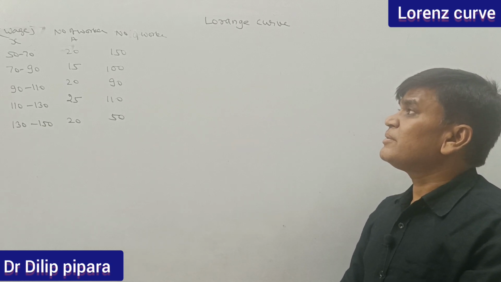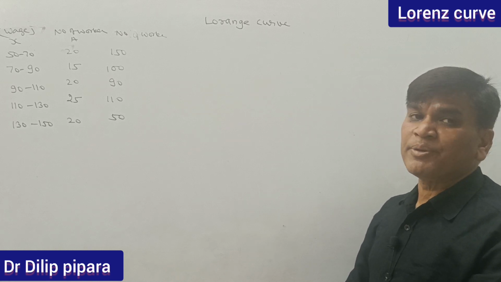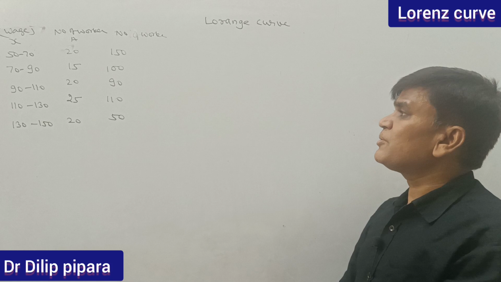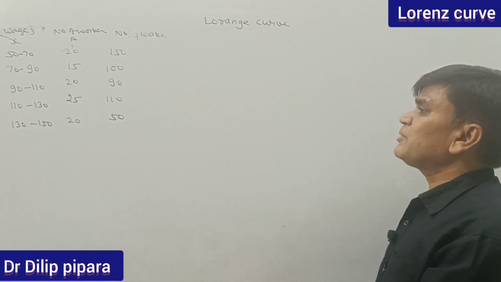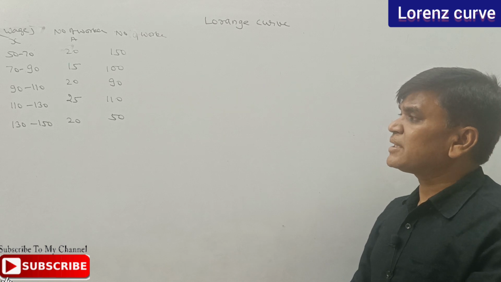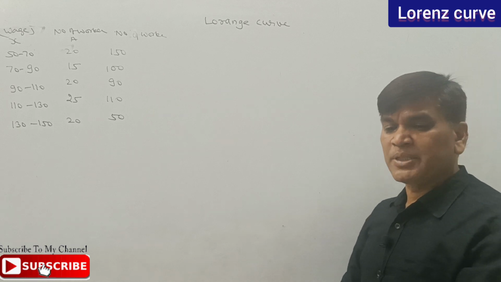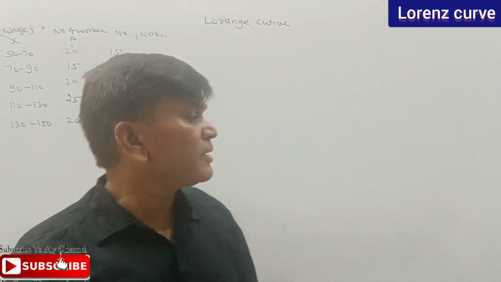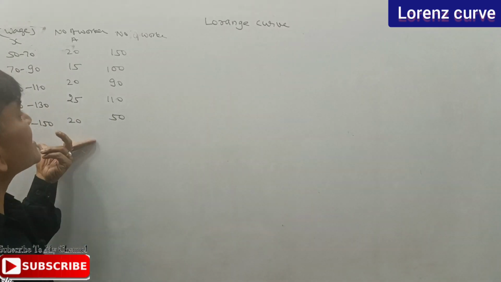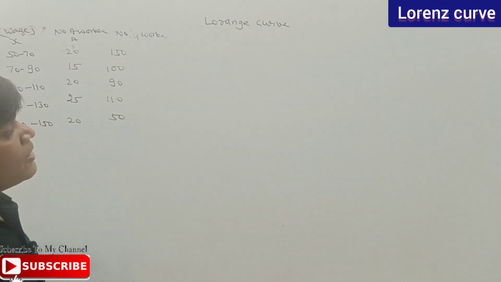In B factory, when the wage is 50 to 70, 150 employees, 70 to 90, 100 employees, 90 to 110, 90 employees, 110 to 130, 110 employees, and the last one, 130 to 150, 50 employees. We have to calculate which factory has more variation.